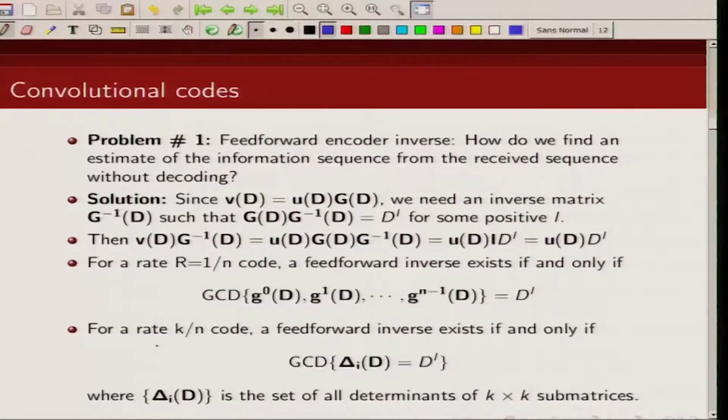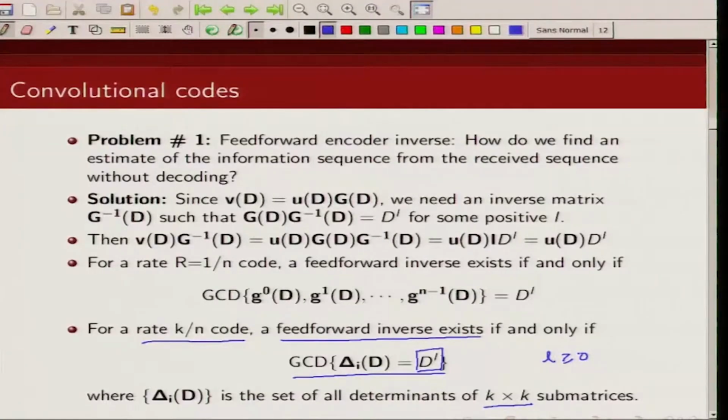Similarly, for a rate k by n code, a feed forward inverse will exist if and only if the greatest common divisor of the set of all determinants of the k cross k submatrices of the generator matrix is again some D raised to power l, where l is a non-negative number.